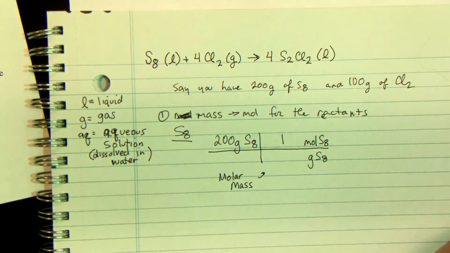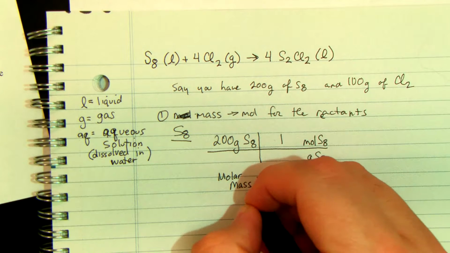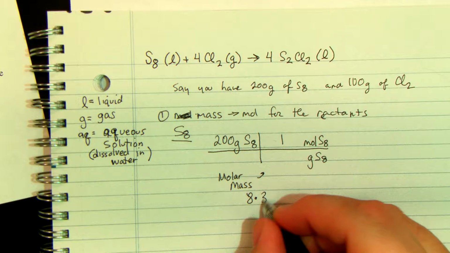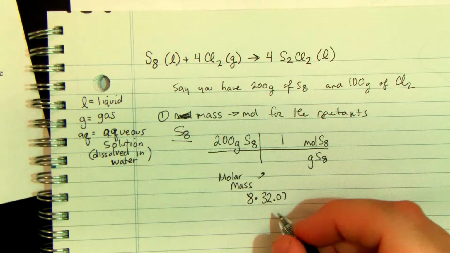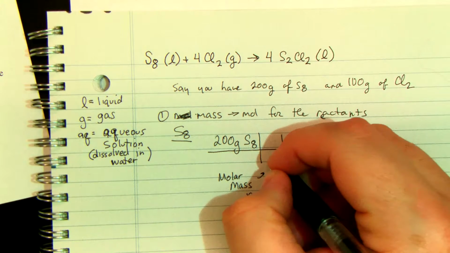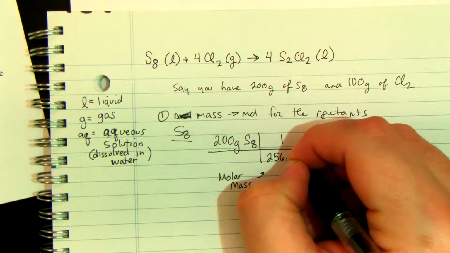Now, how many sulfurs do we have? 8. So it's going to be 8 times whatever sulfur's molar mass is, 32.07. So I'm going to have 32.07, and instead of working on the calculator, I've done this problem twice already today, it's 256.56 grams.